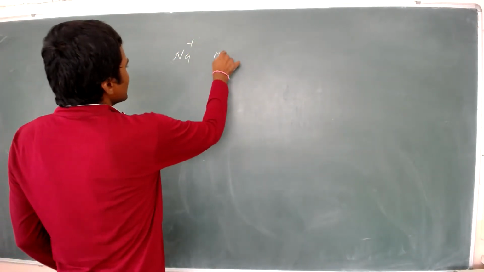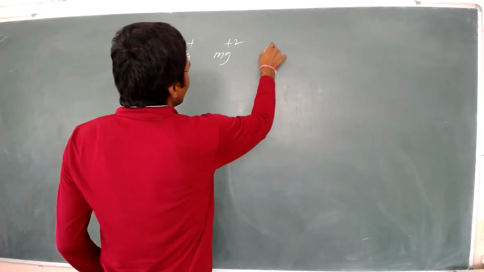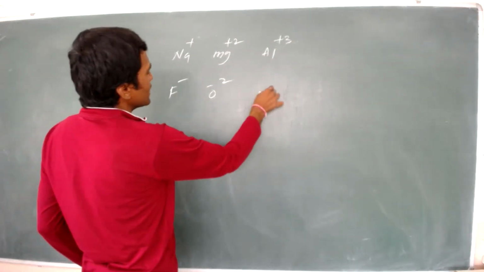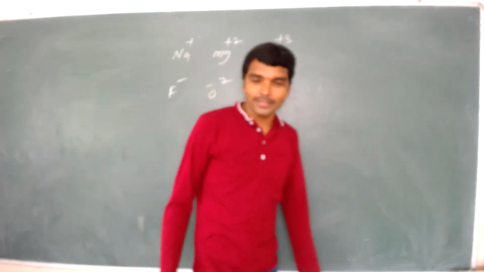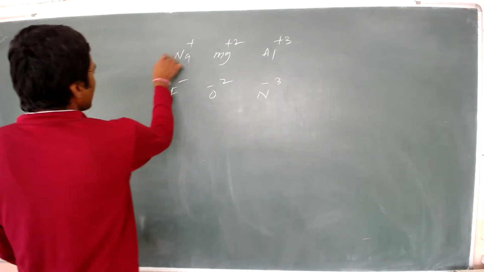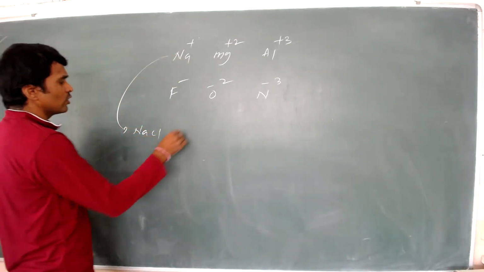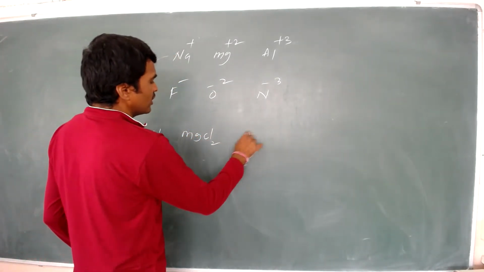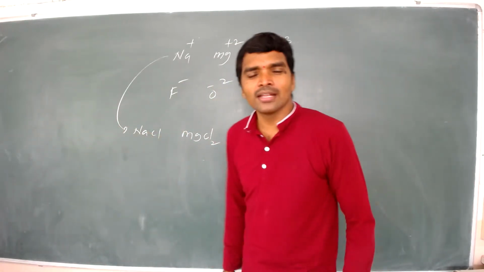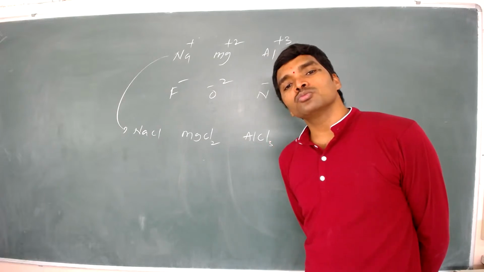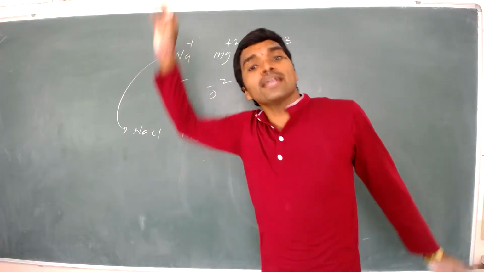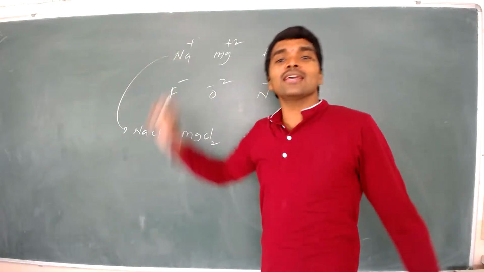Na+, Mg2+, Al3+, F-, O2-, N3-. It means, I'm taking an example: NaCl, MgCl2, AlCl3. I have taken 3 compounds. Sir, which is ionic? Which is covalent? Sir, all are ionic only. Which is more ionic? Which is less ionic?